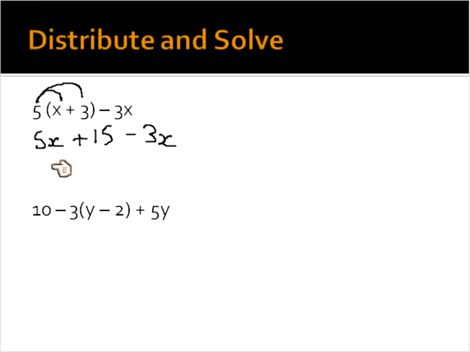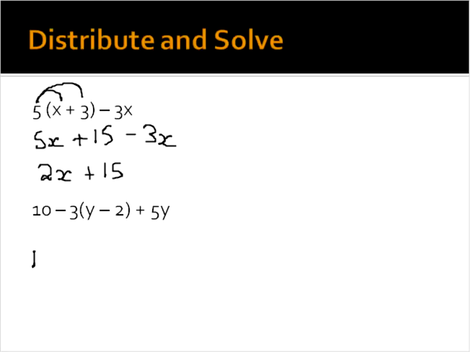Because this is a 5 times x and this is a negative 3 times x, they have the same exact variable, so we can join them together. 5 minus 3 is 2, and that will be our final answer: 2x plus 15. We can't do anything with this 15 because there are no other numbers we can add it to. But we can join together terms that have the same exact variable. That's called joining like terms.